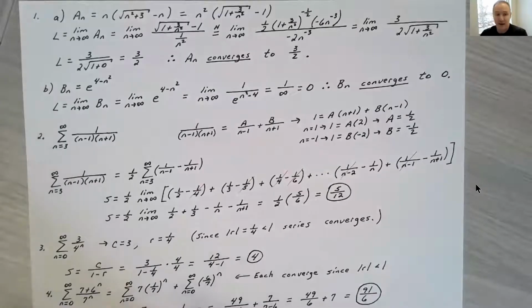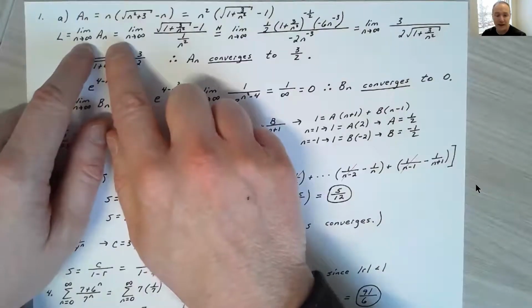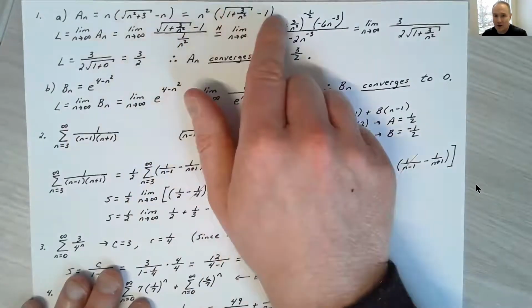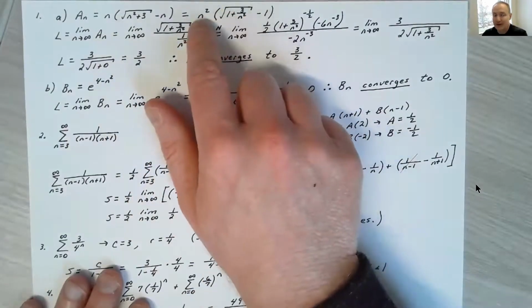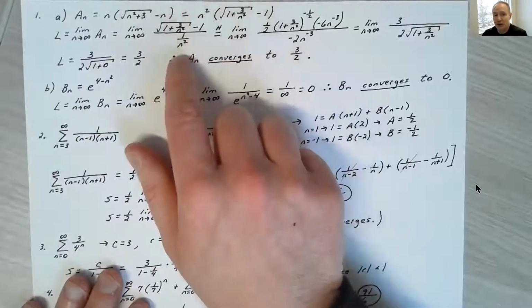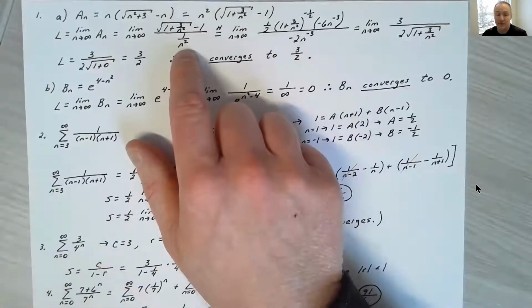So what I did in this case is I said this limit as n approaches infinity of the general term a sub n, that's going to equal the limit as n approaches infinity, and I've left all of this in the numerator. If I need to force that n squared down to the denominator, you need to put it as n to the negative 2, or as I did here, 1 over n squared, same thing as n to the negative 2.